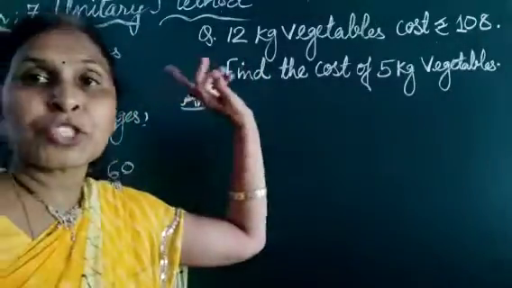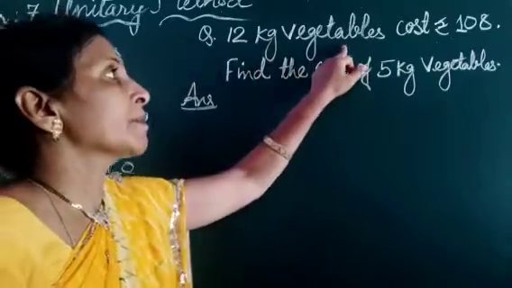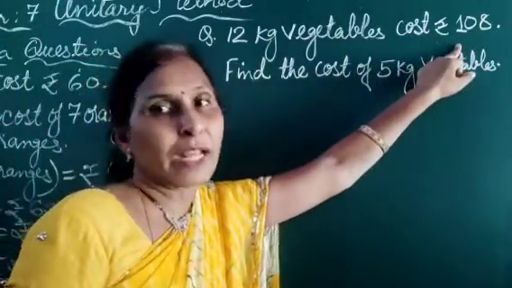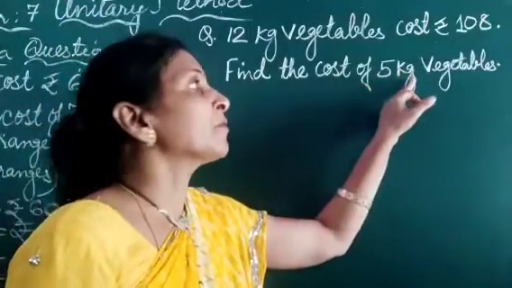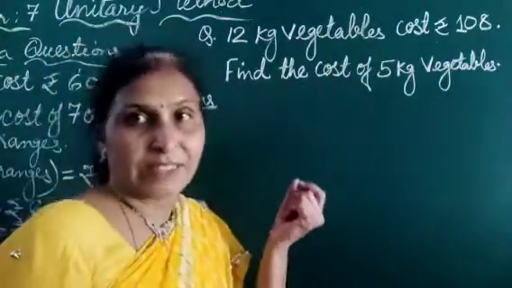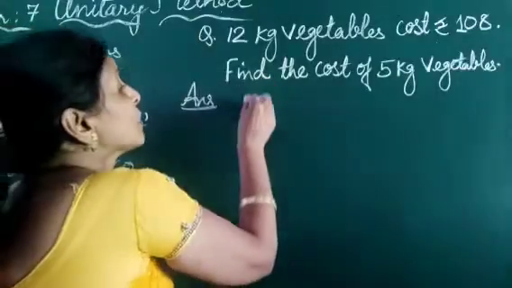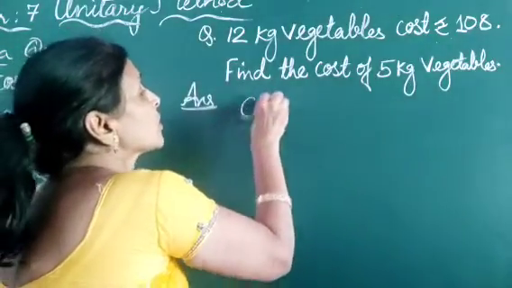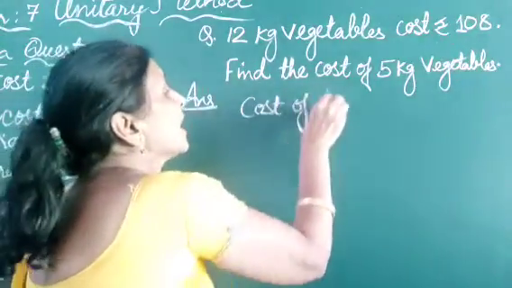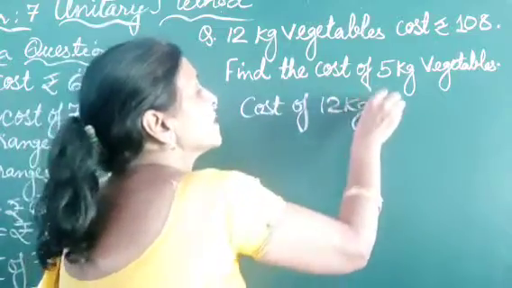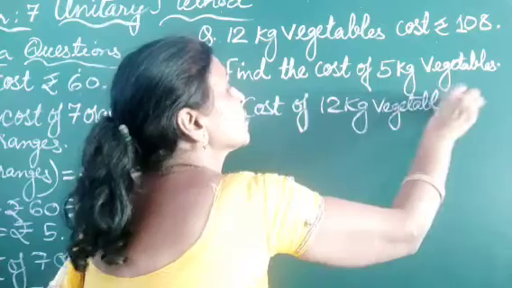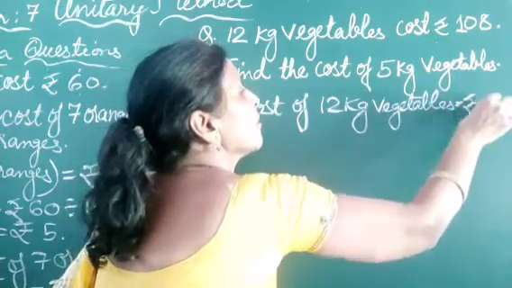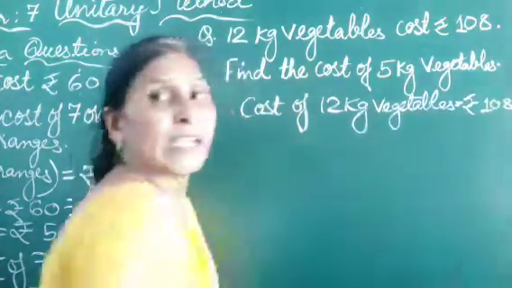Now the next question, 12 kg vegetables cost rupees 108. Find the cost of 5 kg vegetables. Now children, first we write cost of 12 kg vegetables is equal to rupees 108.